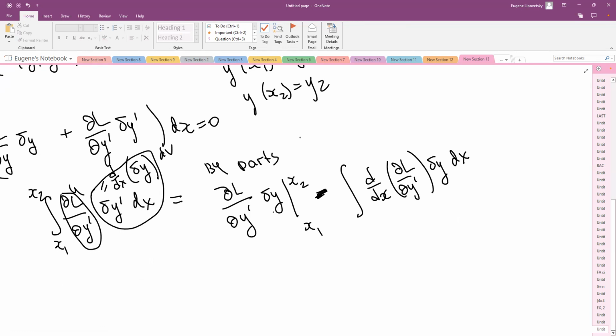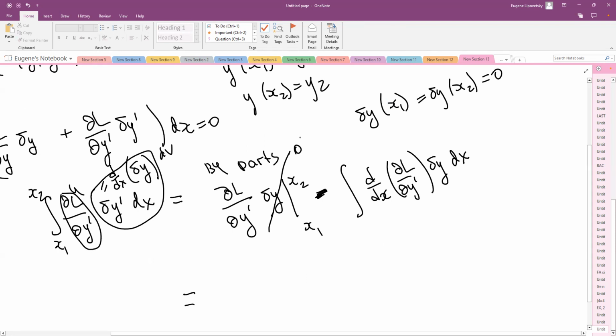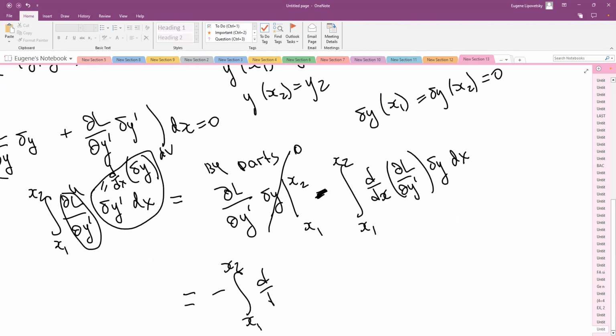And this increment is 0 because delta y of x1 equals delta y of x2, and it's 0. Delta y is a variation, but it has to be constant at the ends. So the result will be minus the integral from x1 to x2 of d over dx of dL over dy prime times delta y dx.